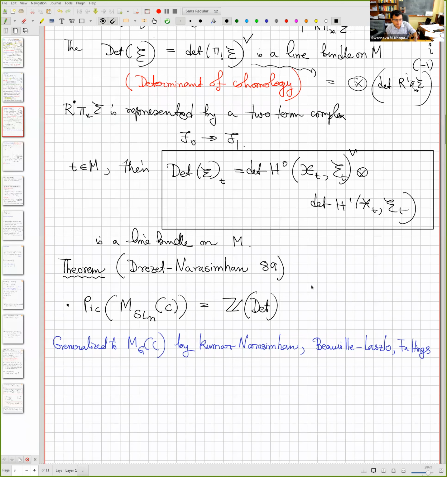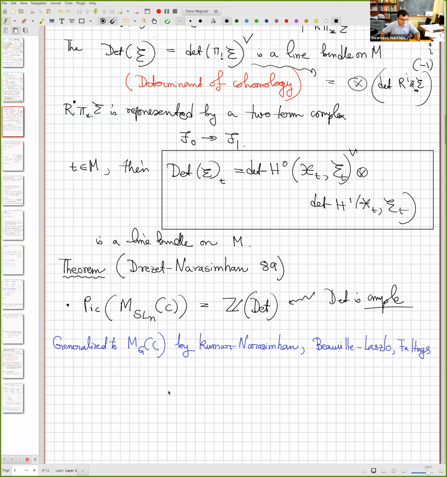Also these things are ample. That's a very famous theorem of Drezet and Narasimhan, and this is for non-parabolic moduli spaces, for SL_N. Subsequently, if you replace the group SL_N by G, it was generalized by Kumar and Narasimhan and Beauville, Laszlo, and Sorger.